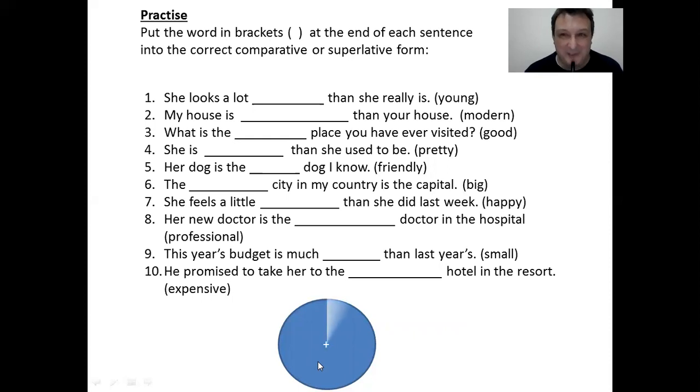If it's not enough time, pause the video. Do it in your own time. If you can do it in 1 minute, fantastic. Remember, think if we need the comparative or we need the superlative. If 1 minute isn't enough, stop the video. That's okay. I'm going to show you the answers after a minute.